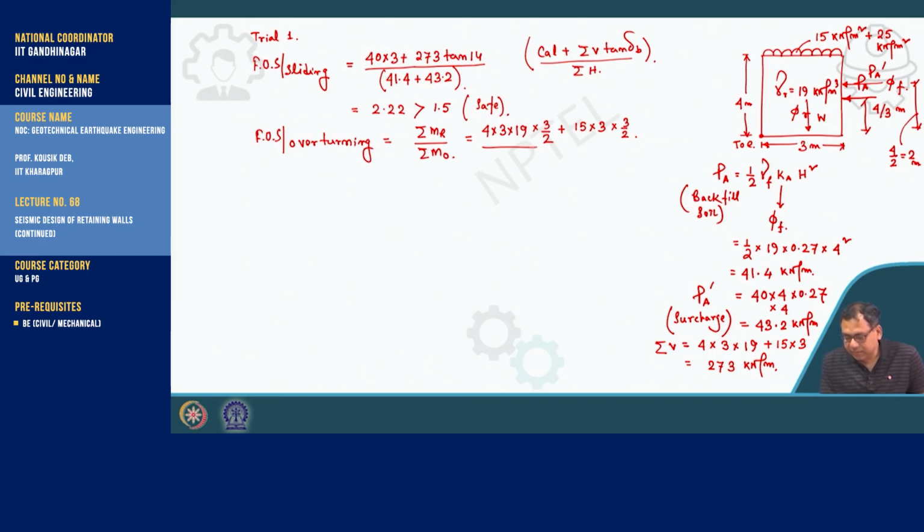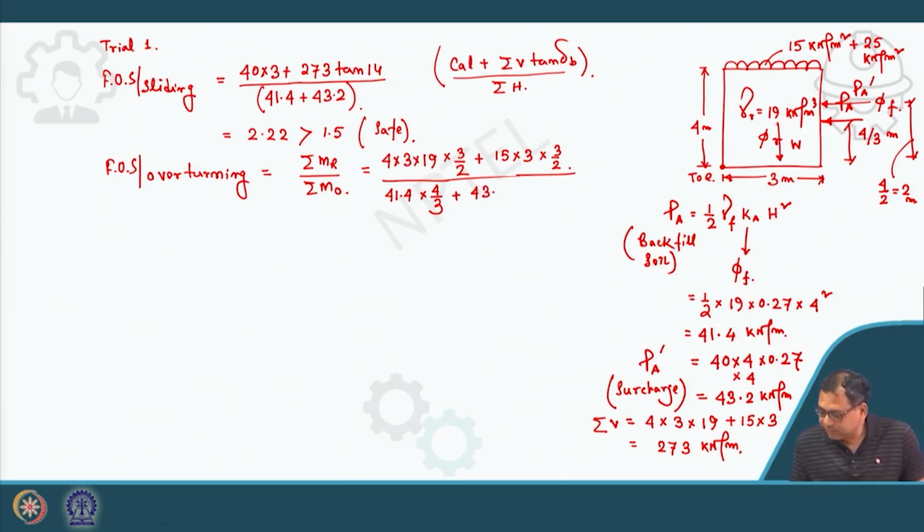The surcharge divided by the overturning moment, that will be 41.4 into 4 by 3 plus 43.2 into 4 by 2. So, it will be equal to 2.9, which is greater than 2, safe.